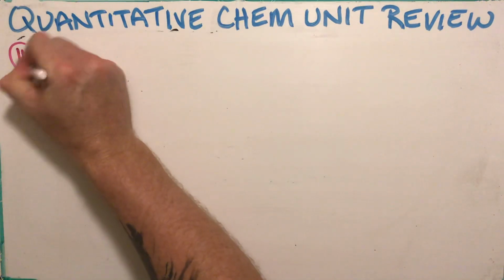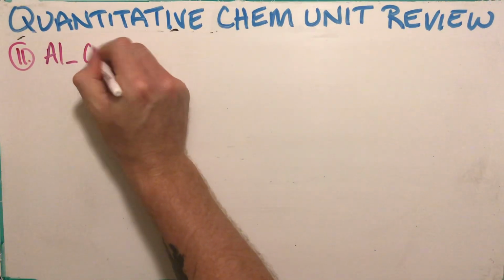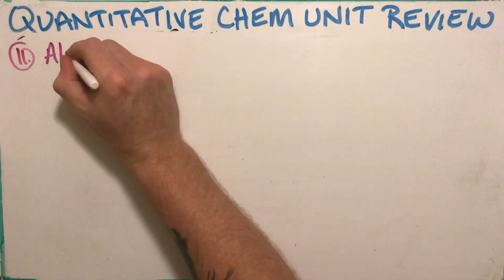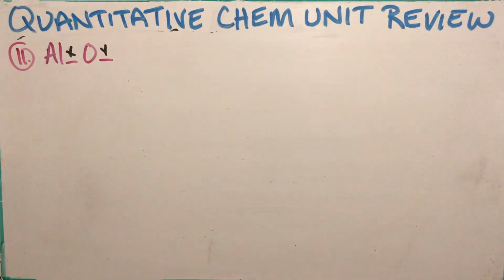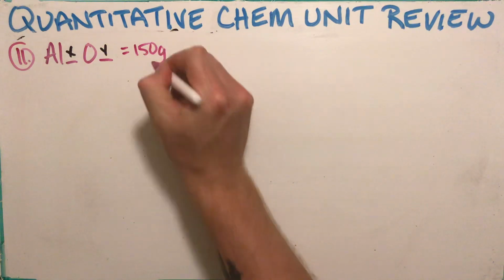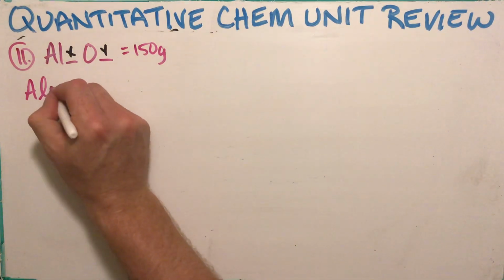Number 11 says an oxide of aluminum, and again, we don't know what these numbers are. There's an X and a Y here. An oxide of aluminum was 150 grams. They heat it up. The oxygen goes into the air.